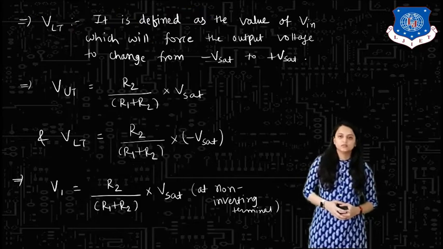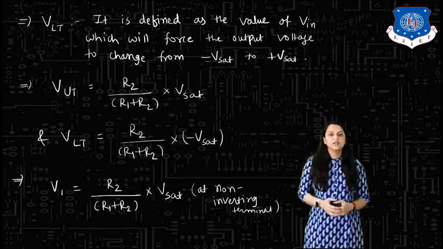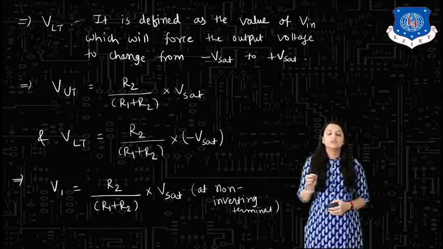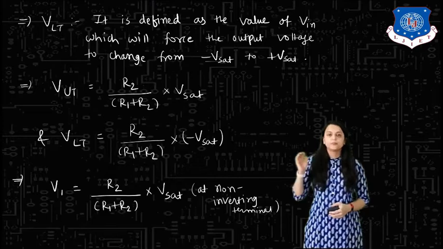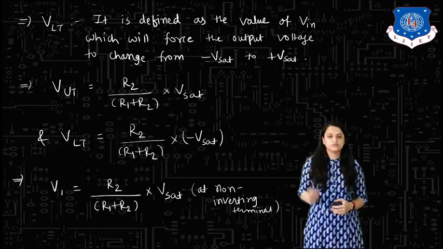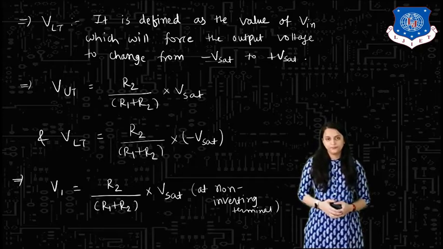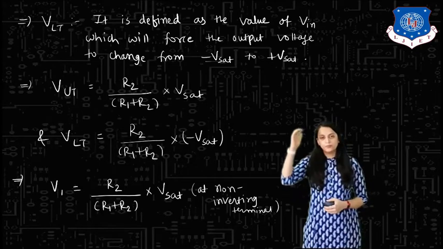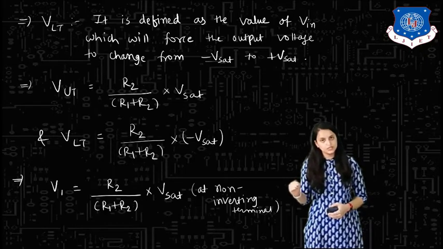Next is VLT, that is the lower threshold voltage. It is defined as the value of Vin which will force the output voltage to change from minus Vsat to plus Vsat, the reverse of VUT. Whenever we have a transition from plus Vsat to minus Vsat, we call it VUT, the upper threshold voltage.